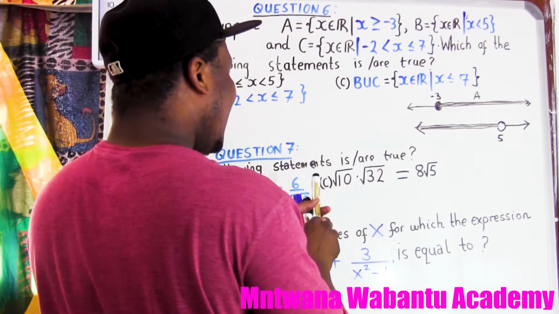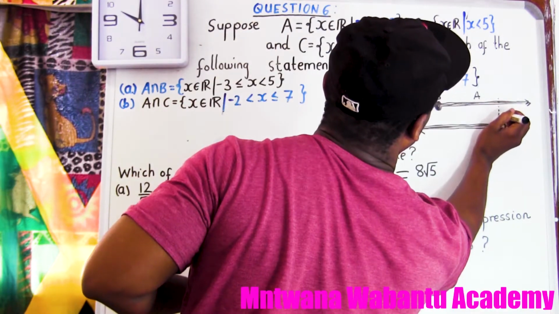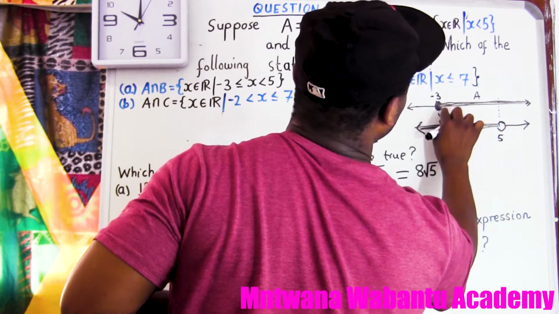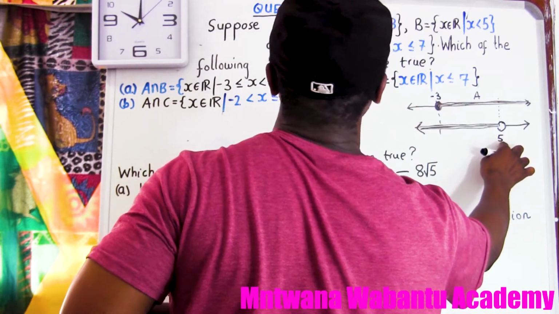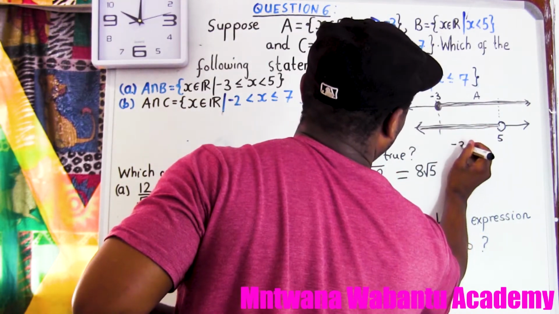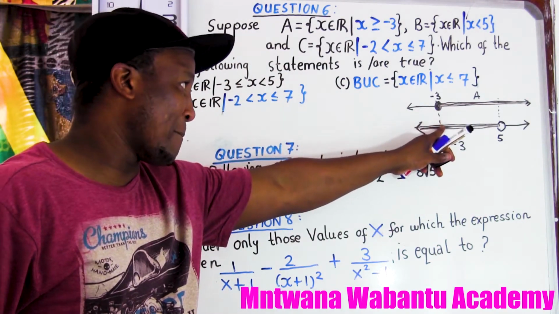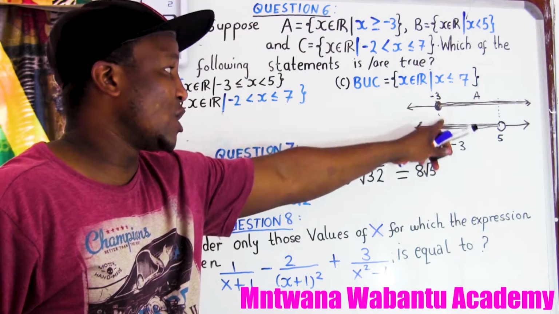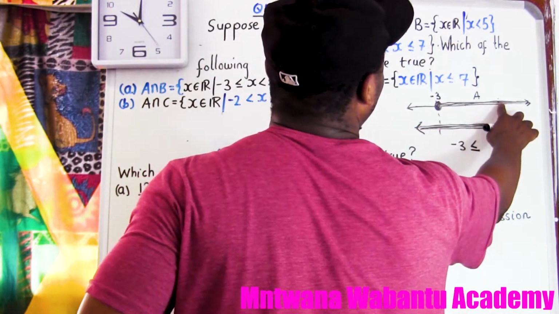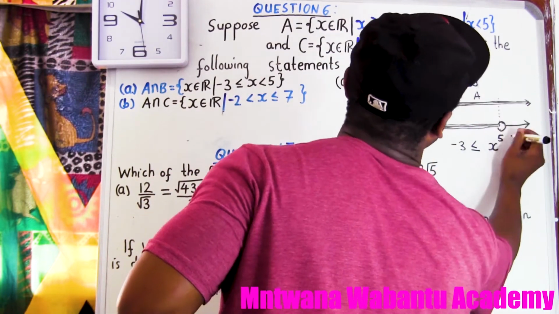If you look carefully, from here all the way to here, they have something in common, because this one starts from -3 all the way, and this one starts from 5 going all the way back. So they intersect starting from -3, and this is going to be including, because here we have a member, an element, and here it is including. So it starts at -3 including, all the way to 5.